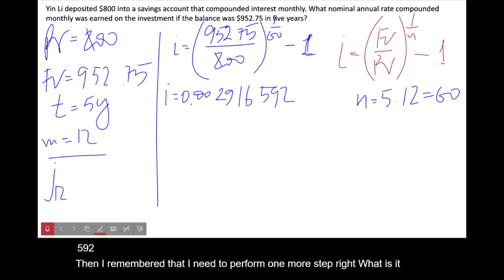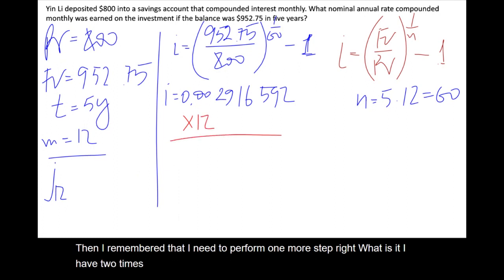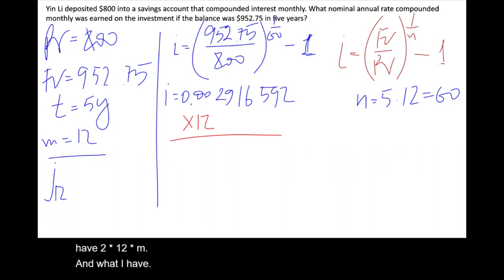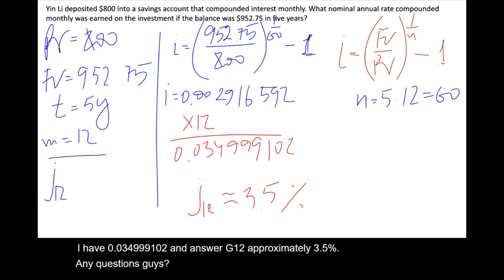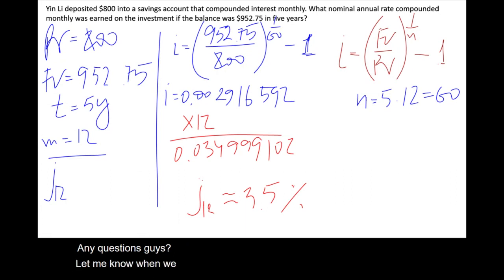I have to times 12, times m, and what I have is 0.034999102, and answer J12 approximately 3.5%. Any questions, guys? Let me know when we're good to continue.